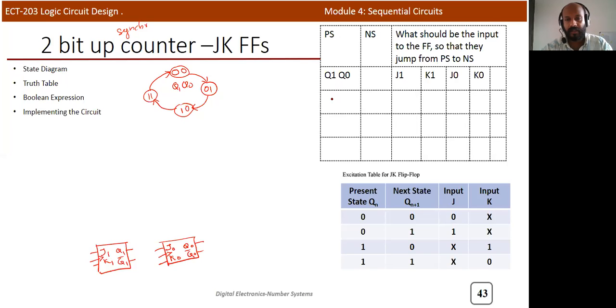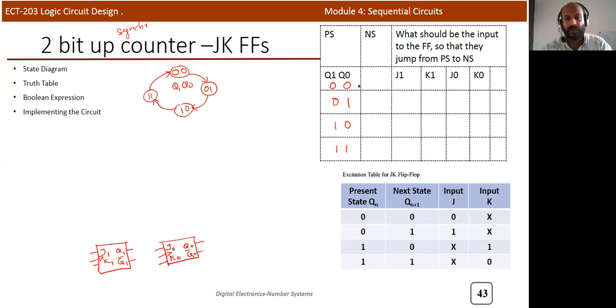So for the present state, you can write the 4 states like this: 0 0, 0 1, 1 0 and 1 1.